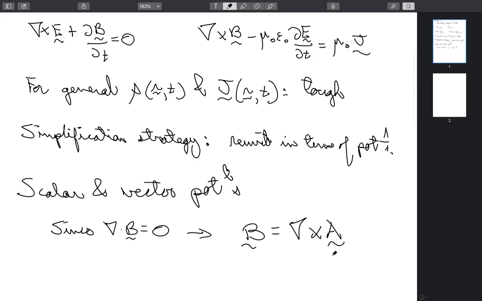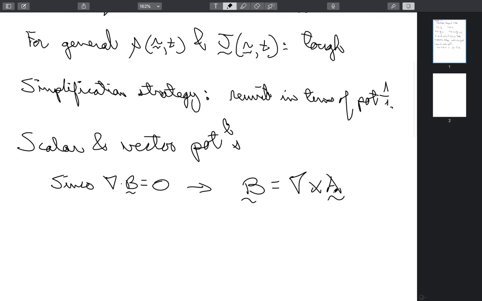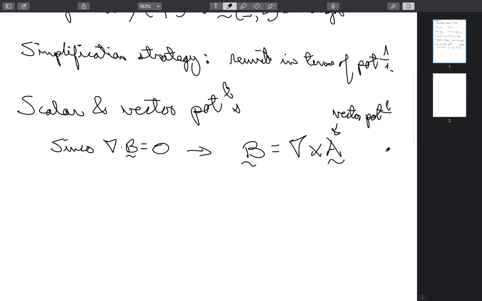Okay, and this A is the vector potential that you've seen. Okay, we did a lot in statics for all these things, electrostatics, magnetostatics, but now we're going to do it for the full electrodynamics case.